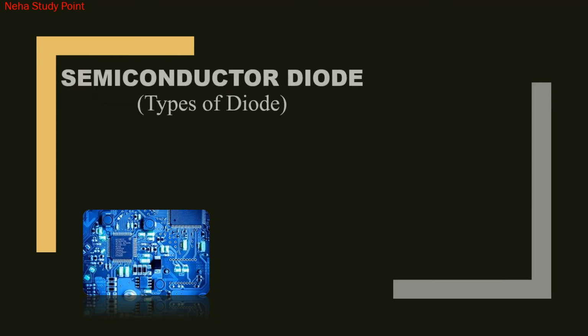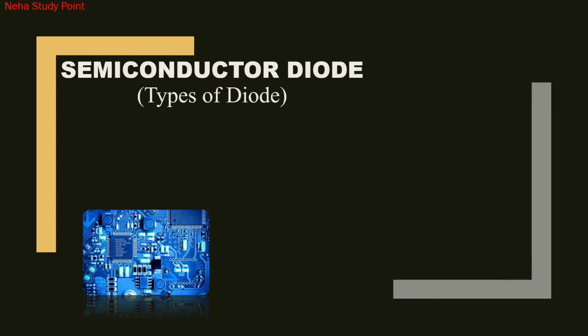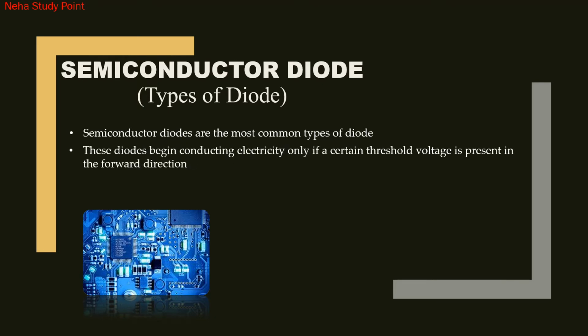After that I want to give some points about the semiconductor, which is a type of diode. Semiconductor diodes are the most common types of diode. These diodes begin conducting electricity only if a certain threshold voltage is present in the forward direction.